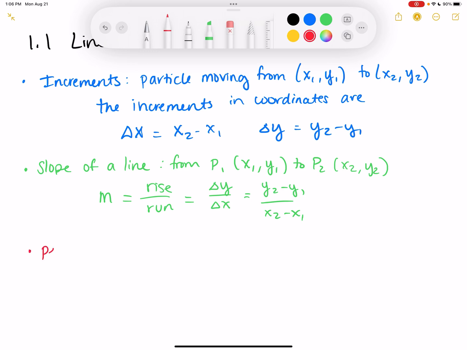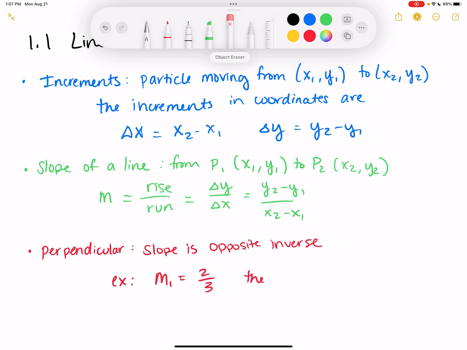If lines are perpendicular, slope is opposite inverse. So for example, if M1 is 2/3, then M2 is negative 3/2.